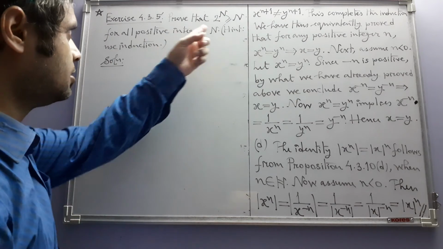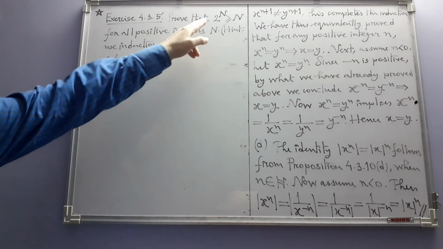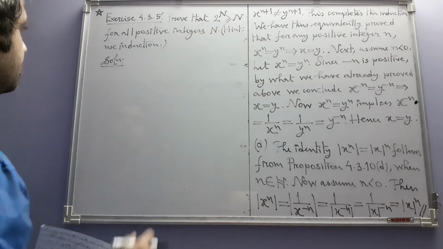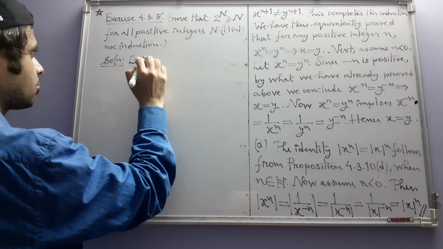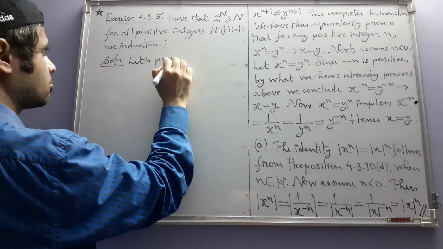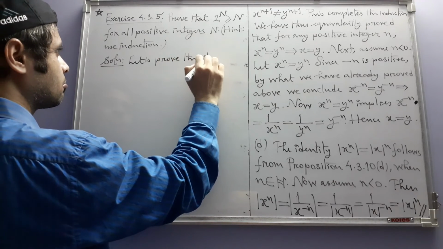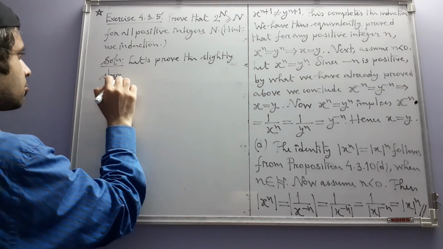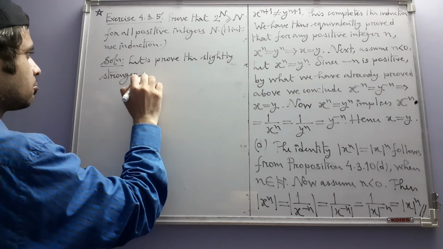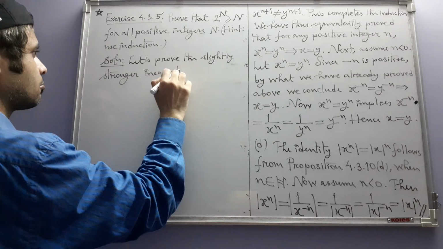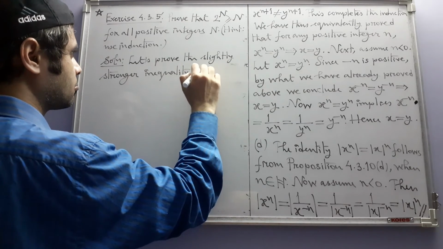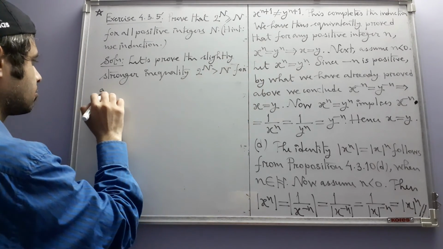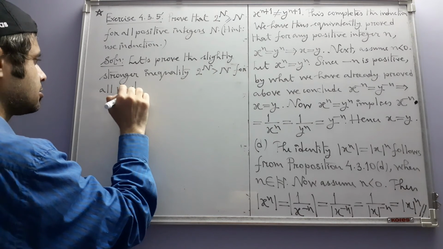Now instead of proving this inequality, we will prove a slightly stronger one, namely the one that asserts that 2 to the power n is actually strictly greater than n for all positive integers n.